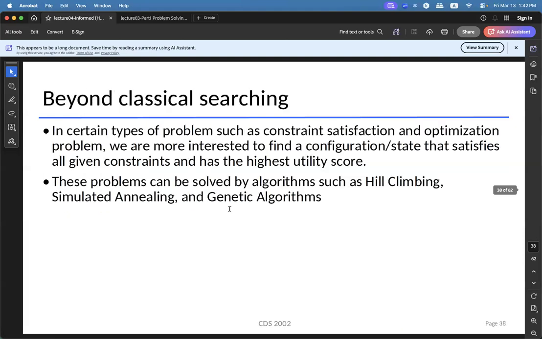So now let's talk about search beyond classical searching. Let's think about this. In some situations, you will want to find the configuration of something that is optimal. For example, assume you are now the product manager of Apple.